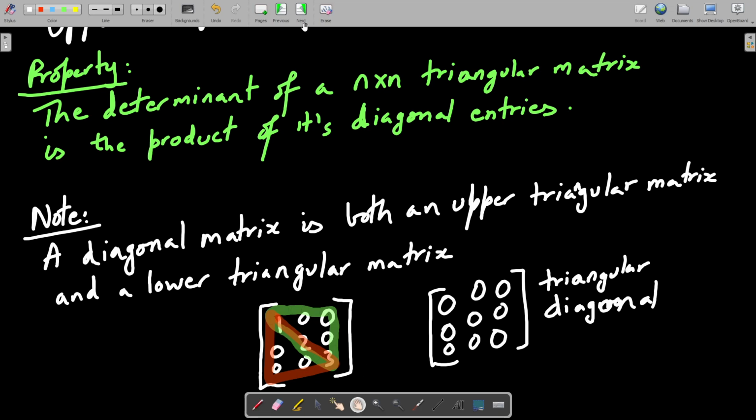So next we'll go to some properties of determinants.